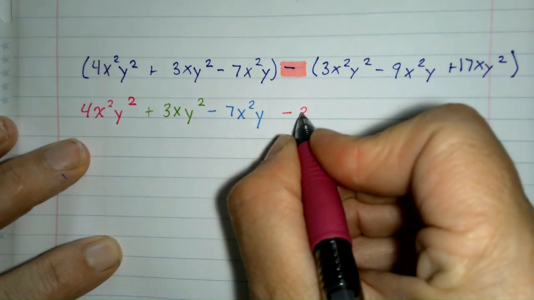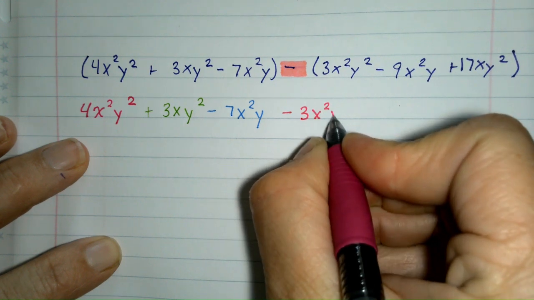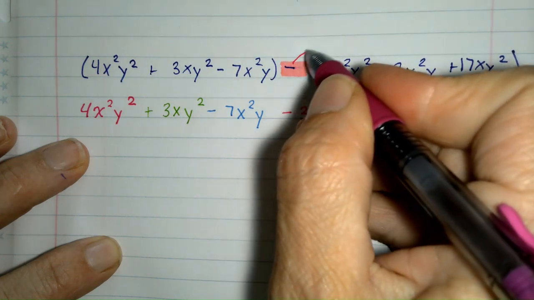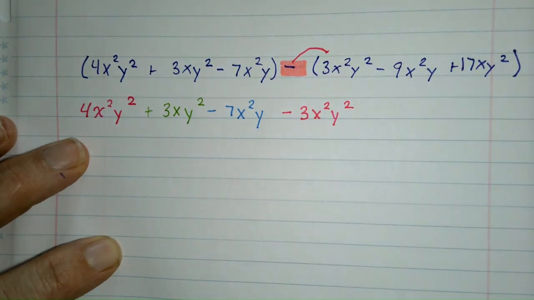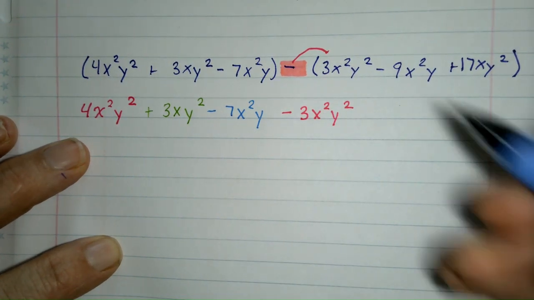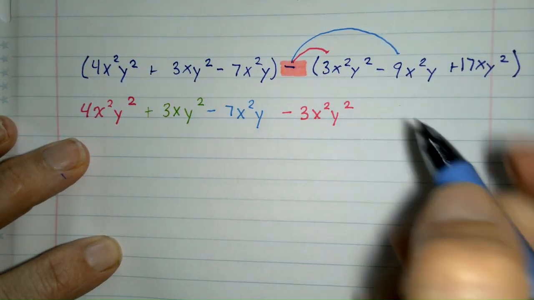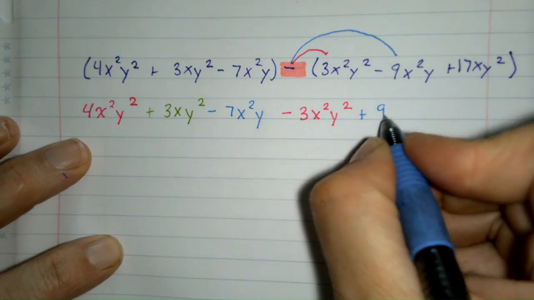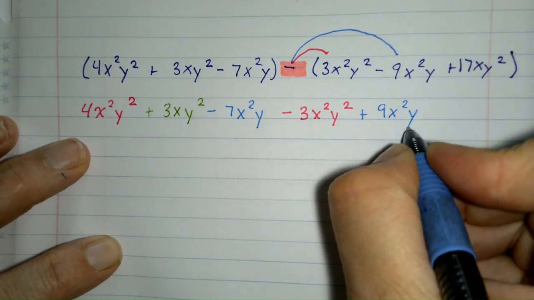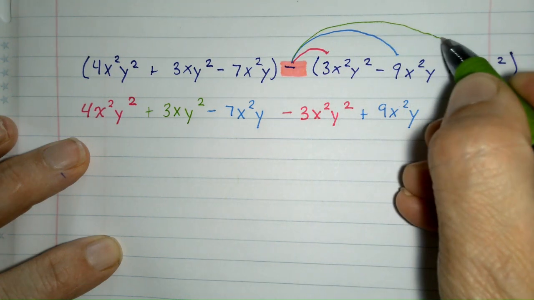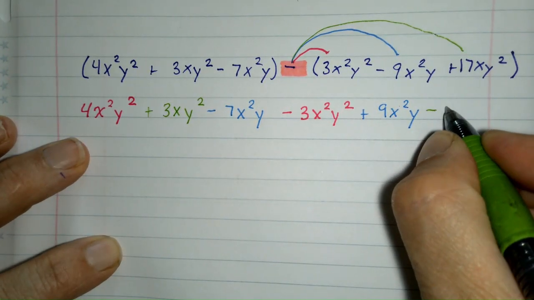So minus 3, xylophone twice, yo-yo twice, and negative times it. So we did that, and now we're doing that. So a negative times a negative is a positive, and negative times a positive is a negative.